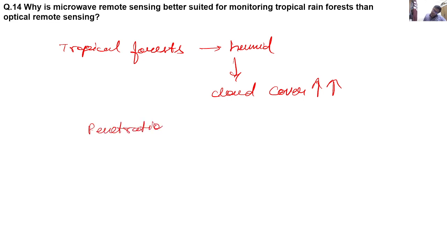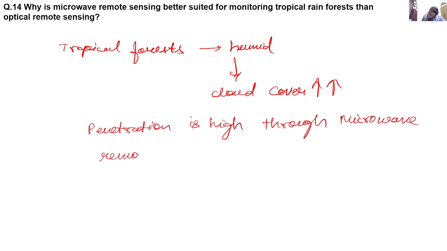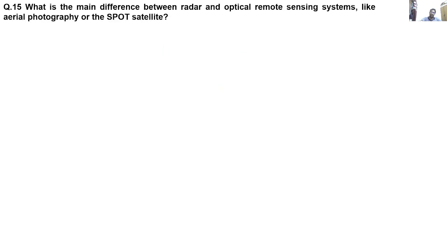Penetration is high through microwave remote sensing. And that is why, for such purposes, usually microwave remote sensing is preferred.